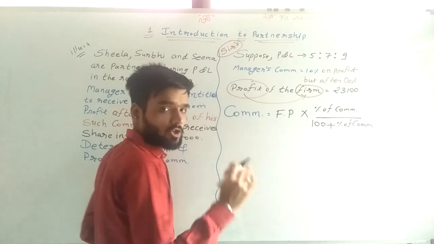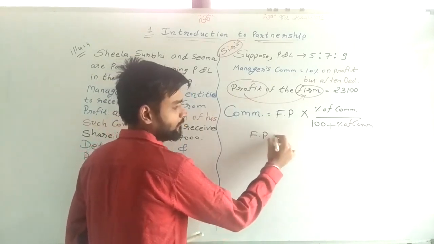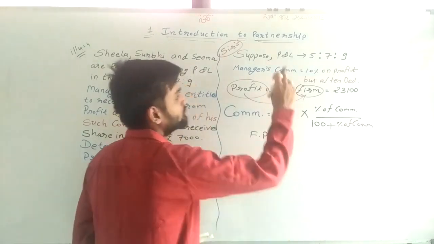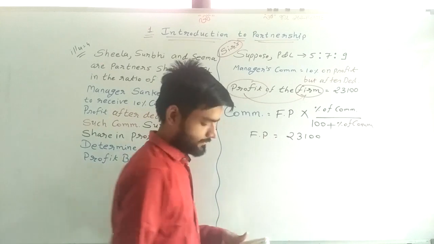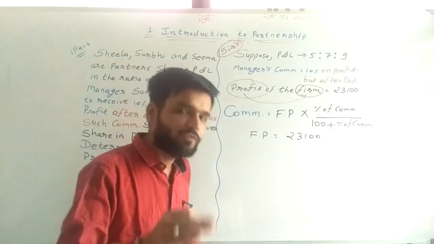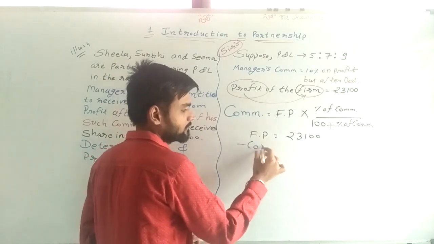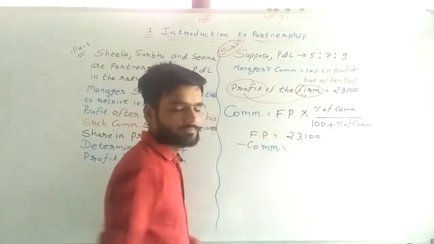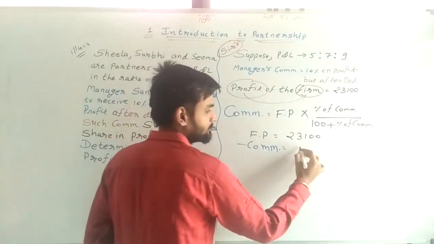First of all, I am writing here firm profit. Firm profit is equal to 23,100. From that, we deduct commission, so minus commission, and the commission is 2,100 rupees.